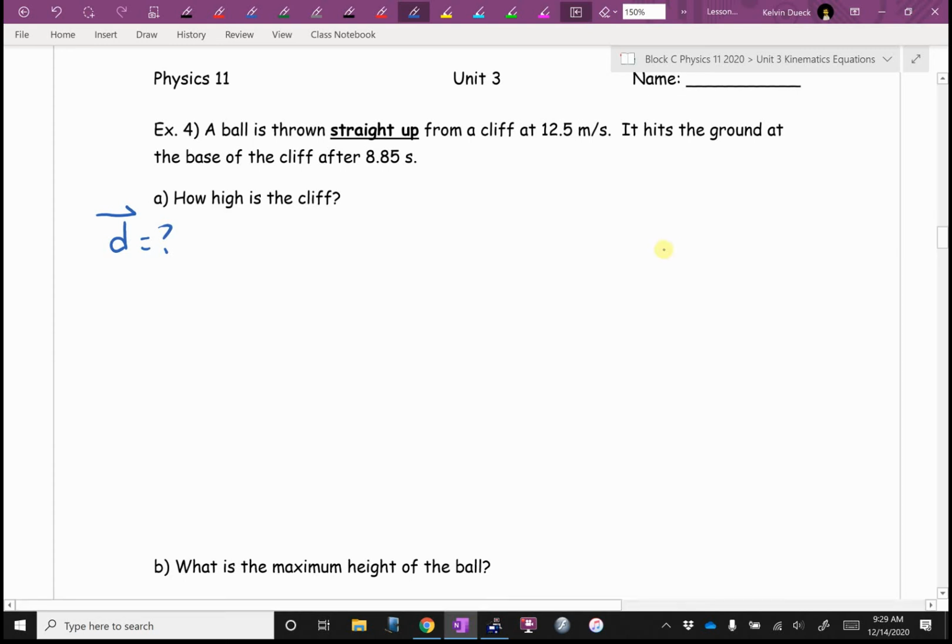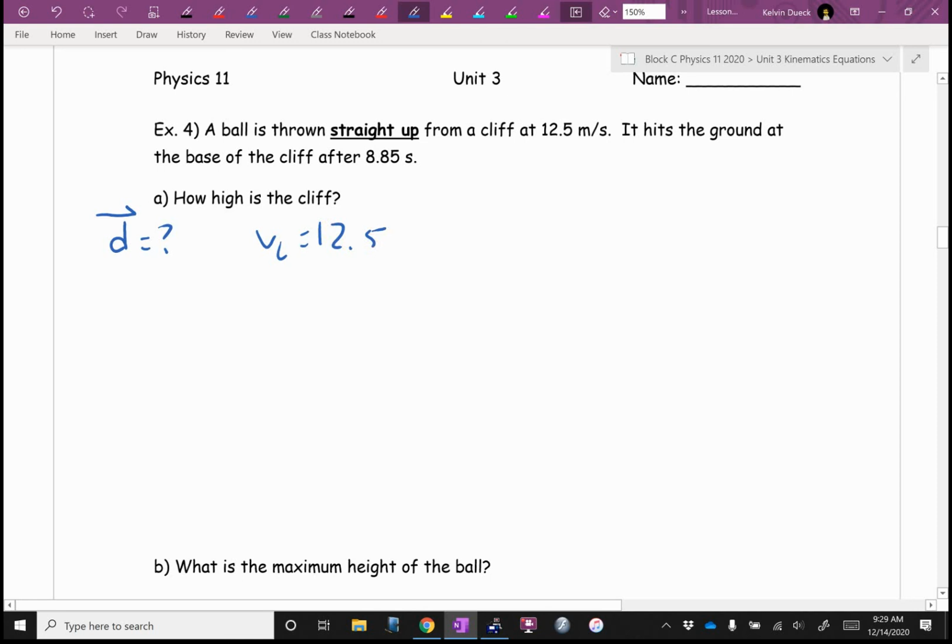By the way, here's what we're imagining. Don't write this down. There's the cliff. We're imagining we're standing right on the edge of the cliff with our toes sticking out into space, and our hand is actually out in midair. We're throwing it straight up, and it's coming straight back down. So it's not going to hit the cliff. Okay? So VI is 12.5.